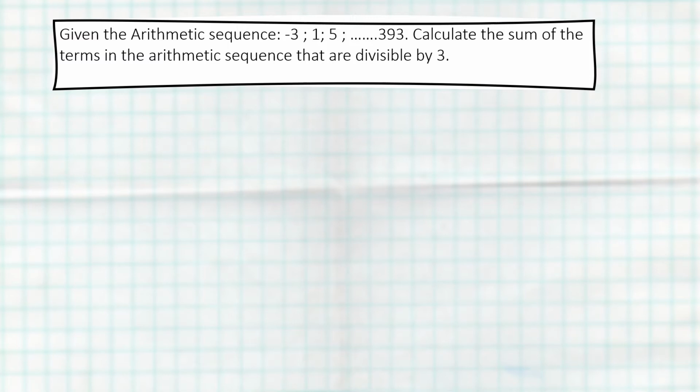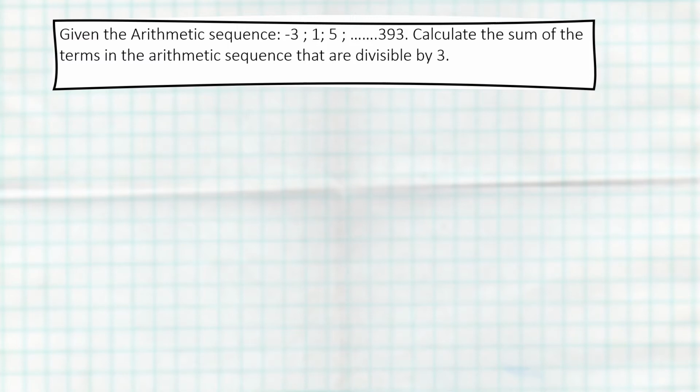An integer is any whole number from negative infinity to positive infinity, such as minus 3, minus 2, 0, 1, 2, 3. So you won't get an answer with a decimal when you divide by 3, and then you'll know that it's divisible by 3.